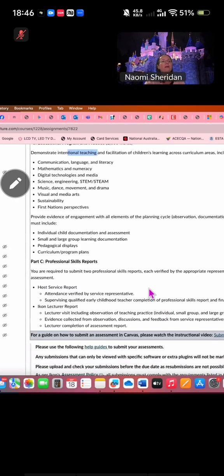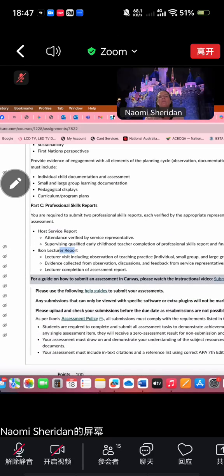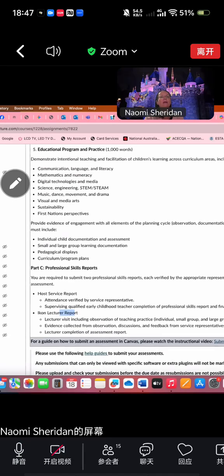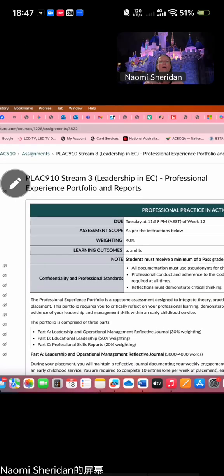And then the final part is you're submitting 2 professional skills reports, a host service report, and an ICON lecturer report. But again, we'll talk about that more as we get on in the weeks. So that is a big assessment, and there's lots of parts to that one as well.